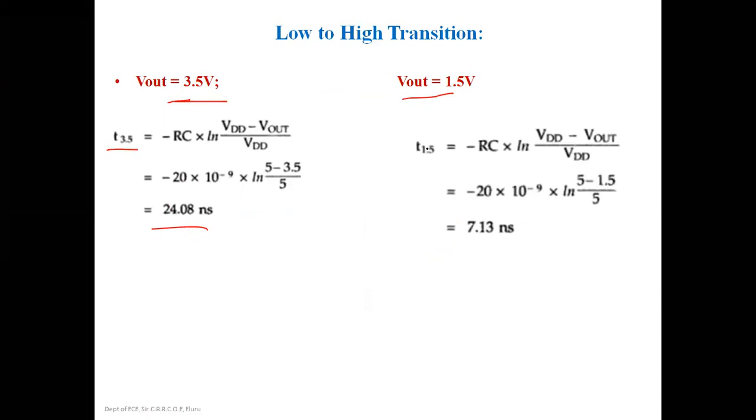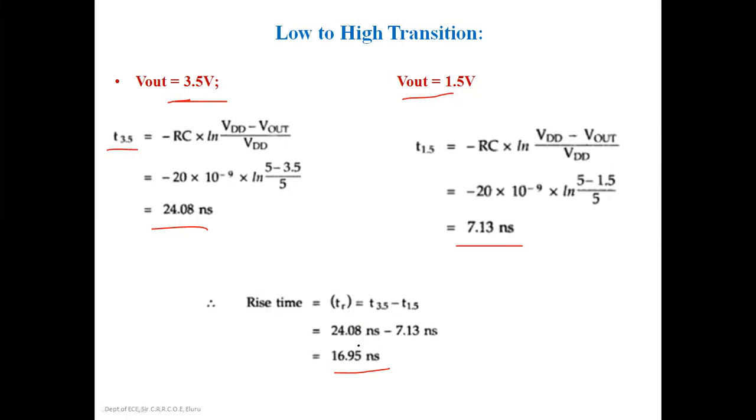And similarly for 1.5 volts, the time response is 7.13 nanoseconds. So what is the actual transition time? It is the difference between the 3.5 volt time and the 1.5 volt time, so the rise time TR is 16.95 nanoseconds.